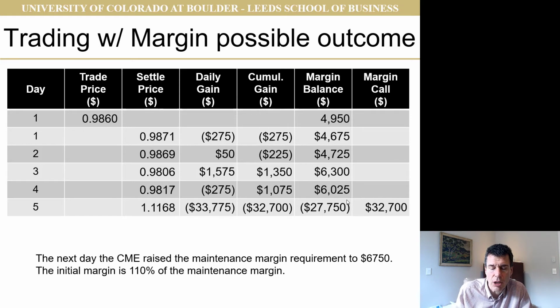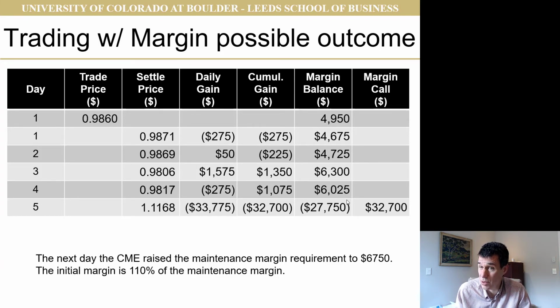And we need to think here, what happens, right? What happens in this circumstance where somebody has a margin balance of negative $27,750 and a margin call of $32,700 on a position they were managing with about $5,000. So this is a pretty significant move. The investor doesn't necessarily have enough money to pay for all of this.